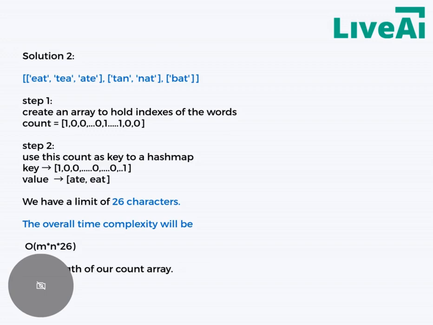So let's look over here: eat, tea, ate, tan, nat, bat, so it remains the same. Now what we will do is we will use two steps. One is to create a count array. The count array will have a length of 26.